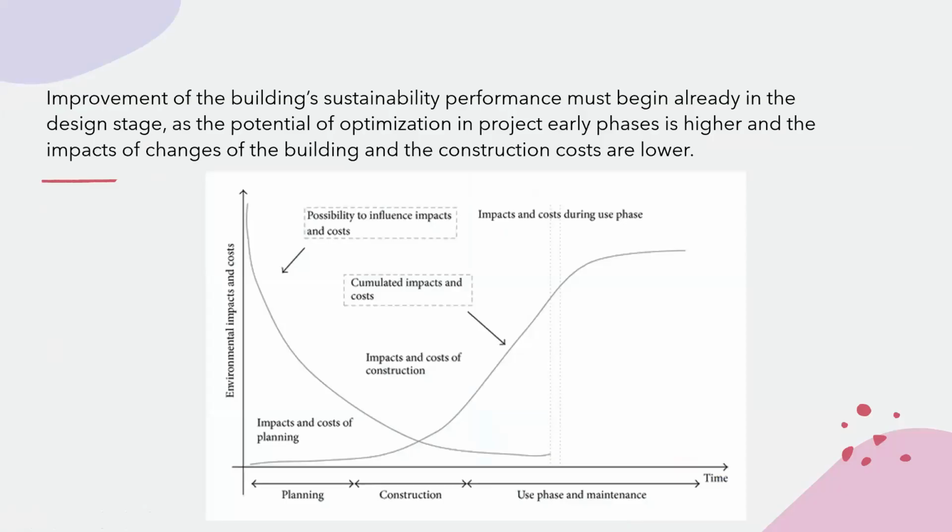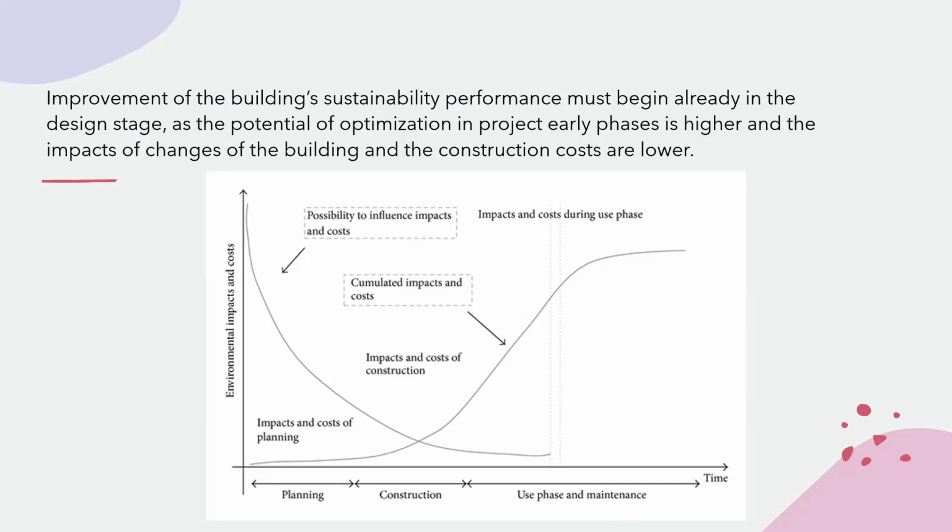So any improvement of the building's sustainability performance must begin already from the design stage, as the potential of optimization in project early phases is higher and the impacts of changes to the building and the construction costs are low.